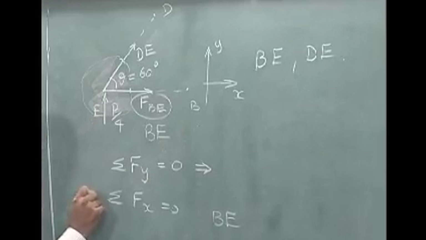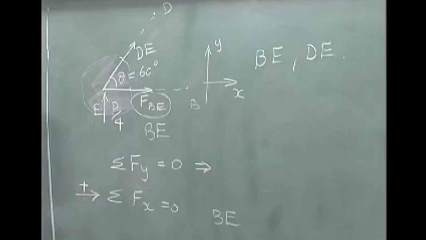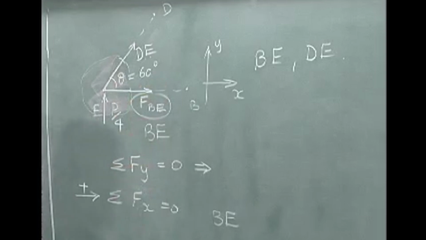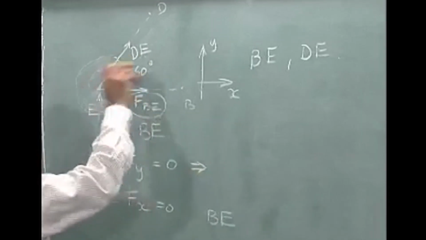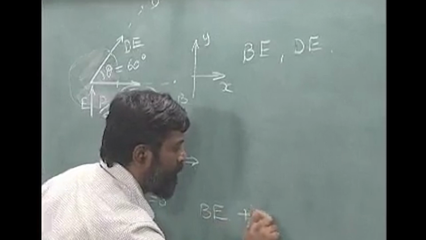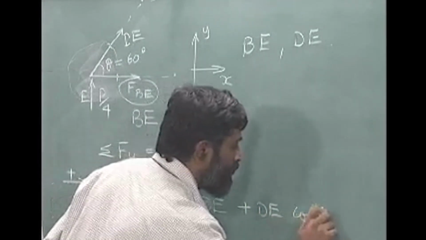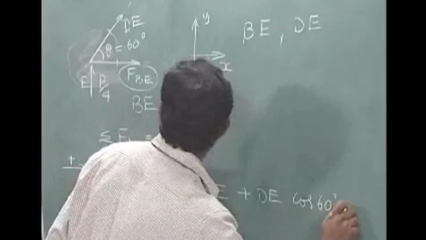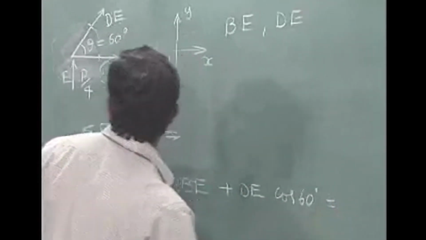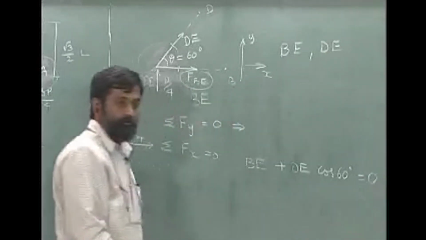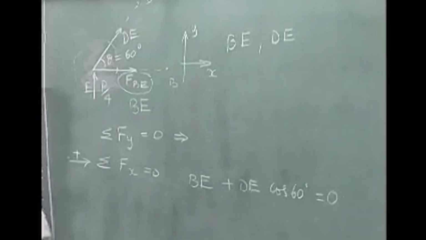So, I am going to write this is positive, and a component of DE along the x direction, which is again positive, plus DE cos 60 degrees is equal to, there is no external force acting on it, 0. So, this is one equation that I can get.